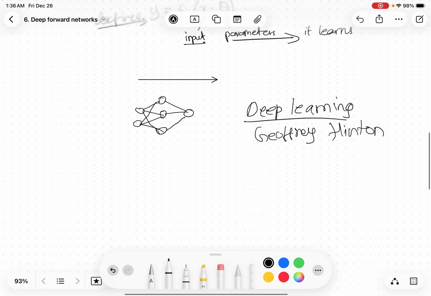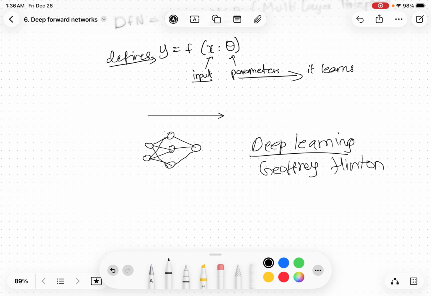So, just for an example, this is an example neural network, a deep feedforward network. Now this would be called the input layer. This set of layers here would be called the hidden layers. Now we only have one hidden layer here, which has many neurons in it.